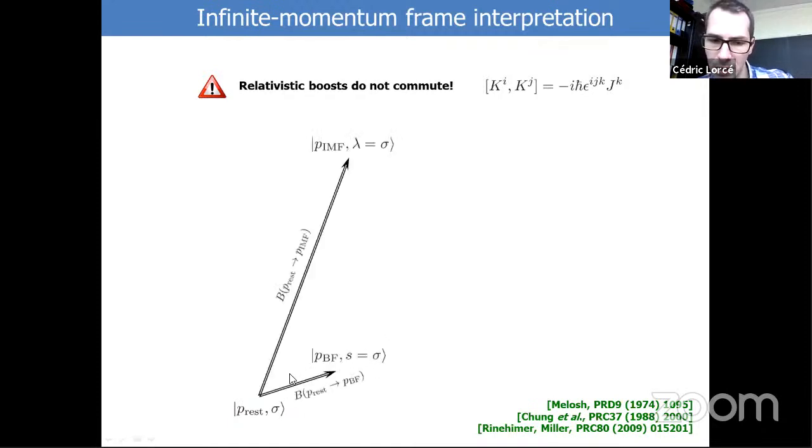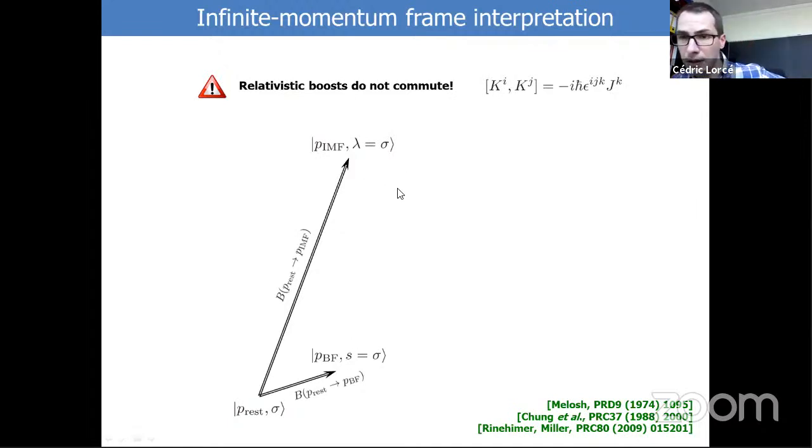What we mean is essentially that you boost the frame with, for example, a rotationless boost. That would be canonical spin. So if you boost to any frame, the polarization we call S in that frame has just the same value as the rest frame polarization. If you go to the infinite momentum frame, it is still the canonical polarization, but in the infinite momentum frame.